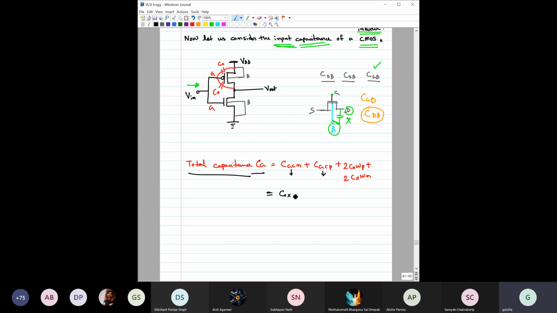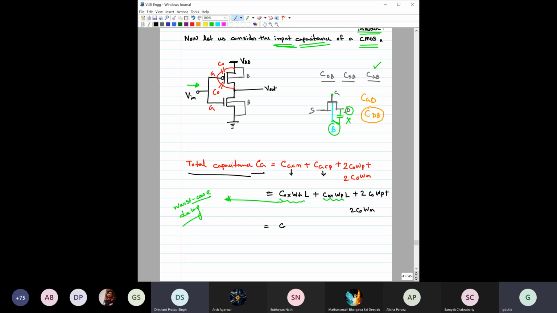It would be Cox WNL plus Cox WPL plus here 2 C naught WP plus 2 C naught WN, right? And why are we considering this value and this value? Because we are considering the worst case delay for these two.